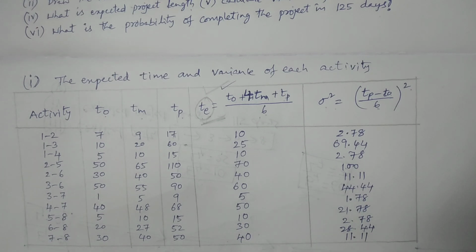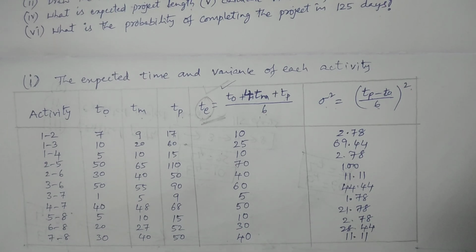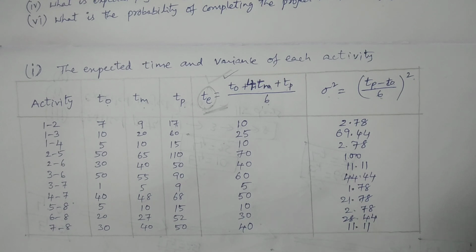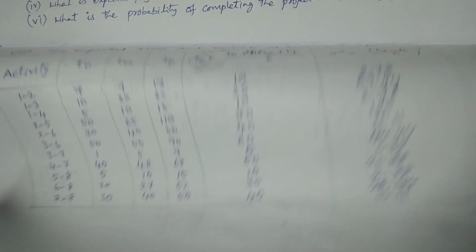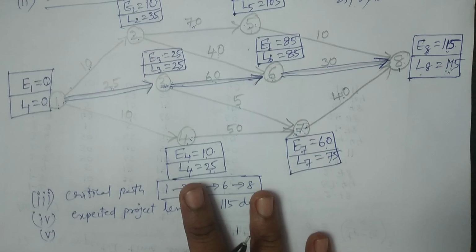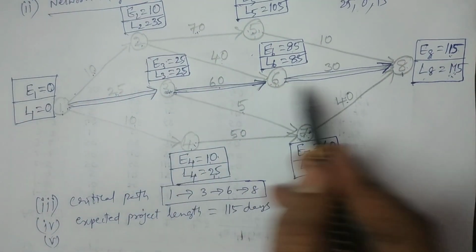We have to consider the critical activities and add their variances. What are the critical activities? We have observed in the network diagram that the critical activities are 1 to 3, 3 to 6, 6 to 8.